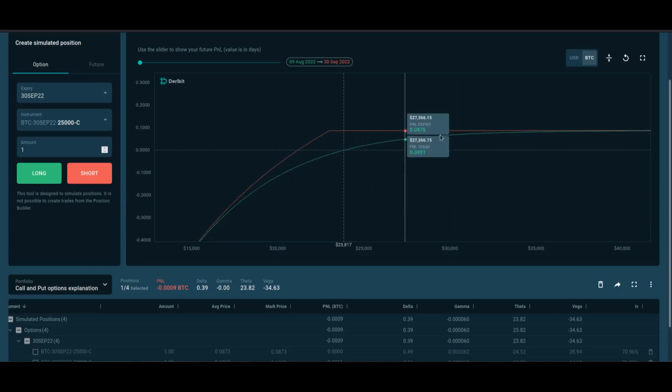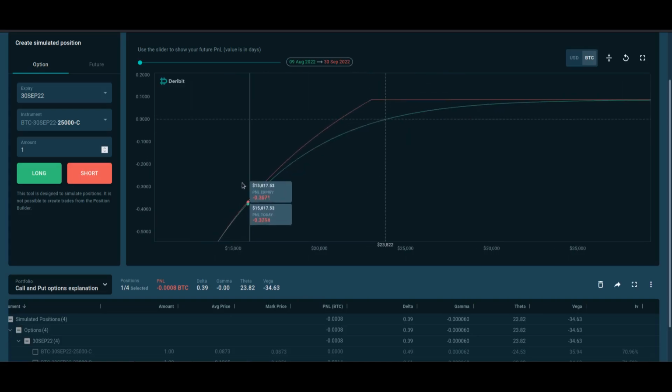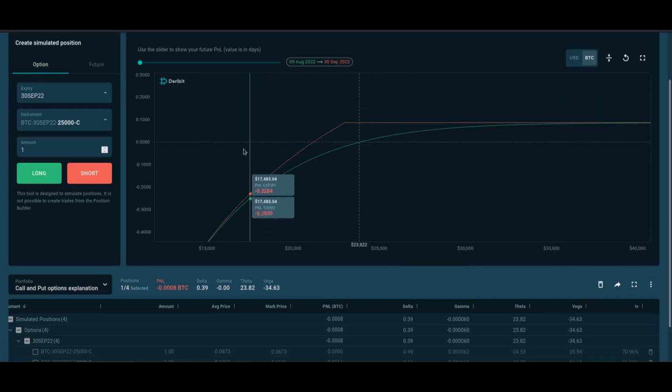Okay, here is sold put. So basically it's long direction favor with restricted profit and unlimited losses. So this is the situation of selling uncovered calls and puts.